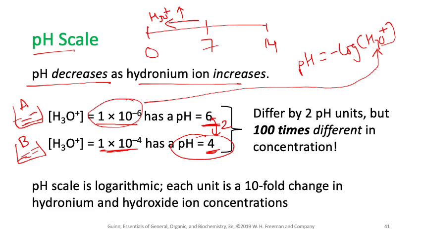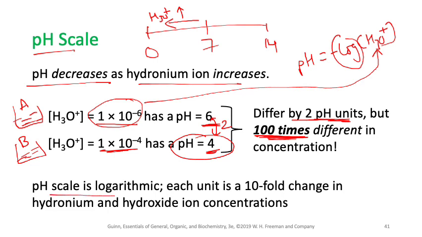But even though they differ by 2 pH units, the concentration of the hydronium ion between the two solutions differs by 100 times, because pH is a logarithmic scale. So if the unit increases by 2, then the concentration increases or decreases by 100 times, right?